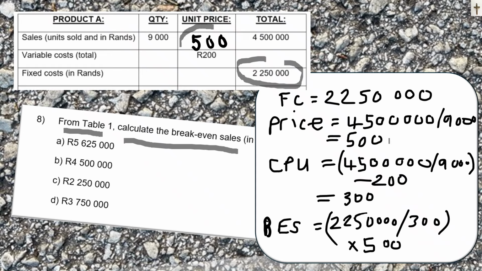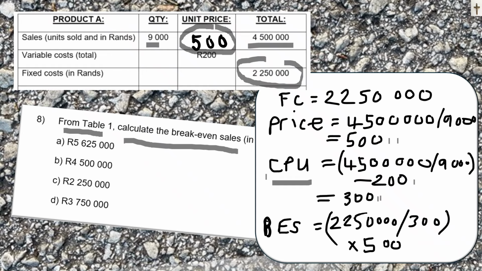We've already calculated that in the previous example. 4.5 million divided by 9,000 is equal to 500. The cost price per unit, minus 200, is equal to 300. That's the contribution per unit. The contribution per unit is equal to 300.